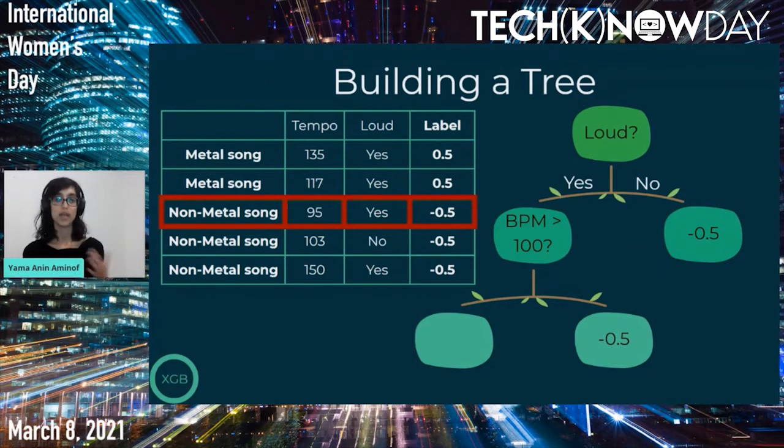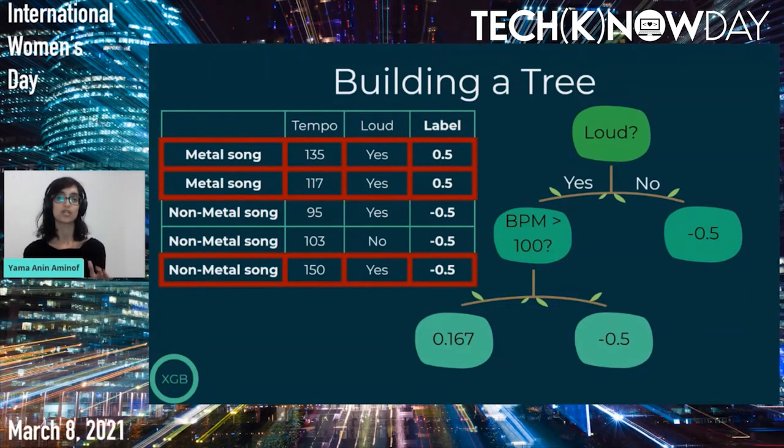Then, when we split by BPM, again, we get on the right leaf one song whose label is minus 0.5. On the left leaf, we get 2 metal songs and 1 non-metal song. So the prediction is the average of 0.5, 0.5, and minus 0.5, which is 0.167.